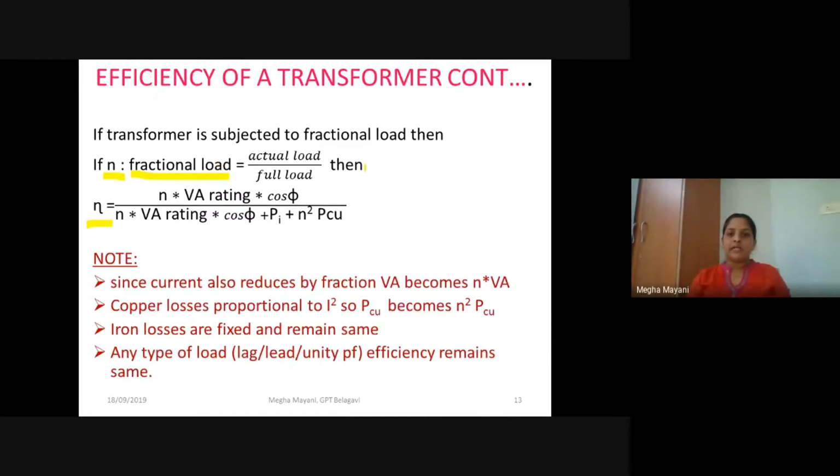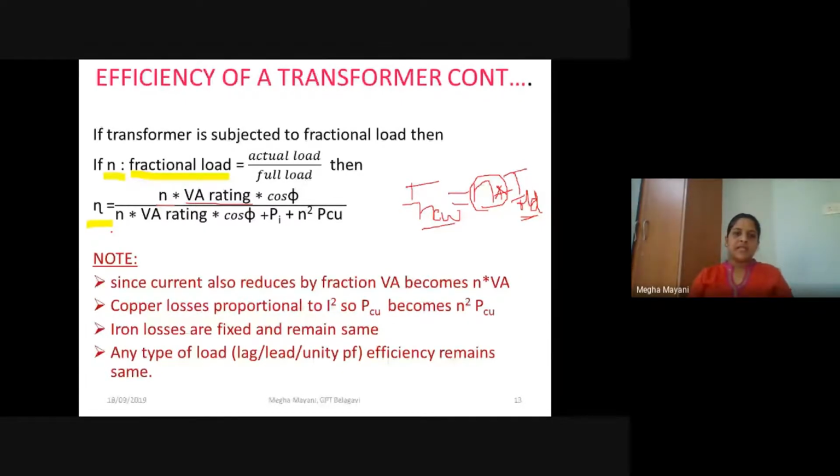The new current will be the fraction, whatever you have changed in the load, multiplied by the old one, that is the full load condition. So the new current is n times the full load current. We can write that in the efficiency expression, where n is the fraction multiplied by the VA rating cos phi, similarly in the denominator also.